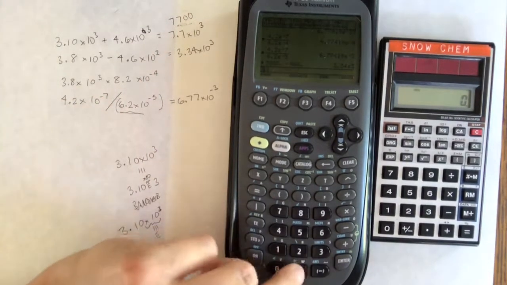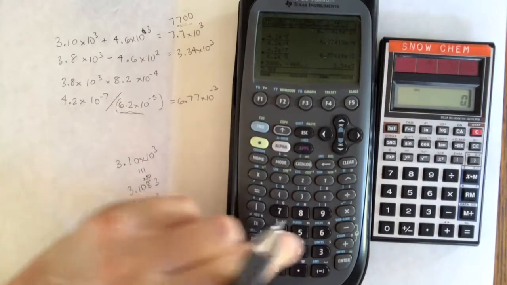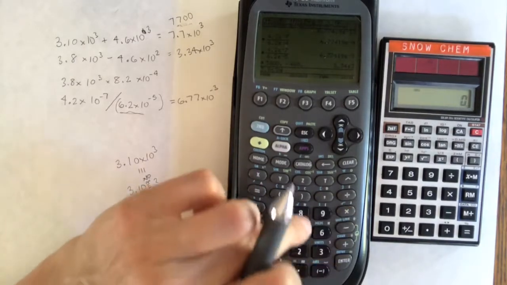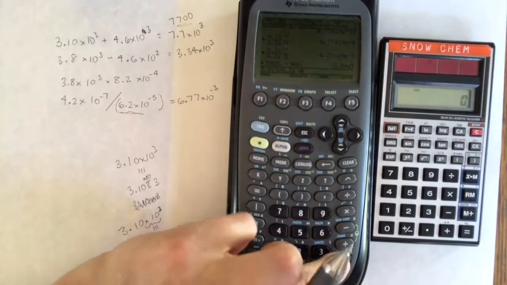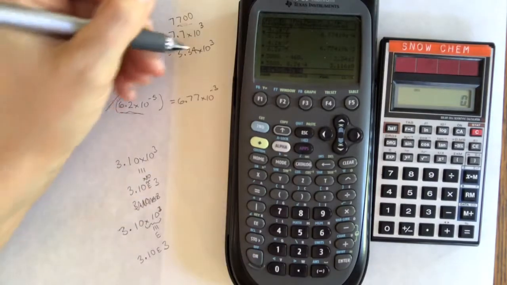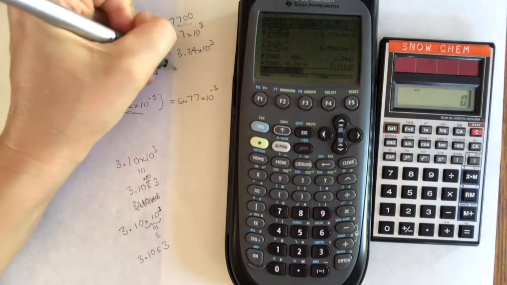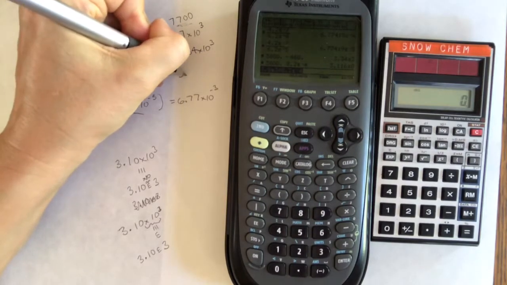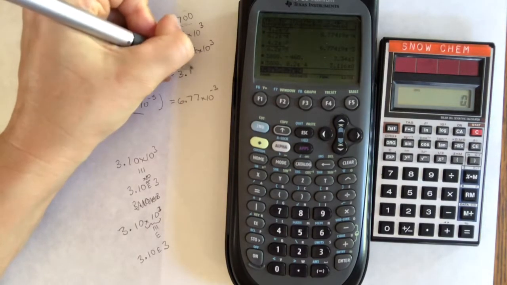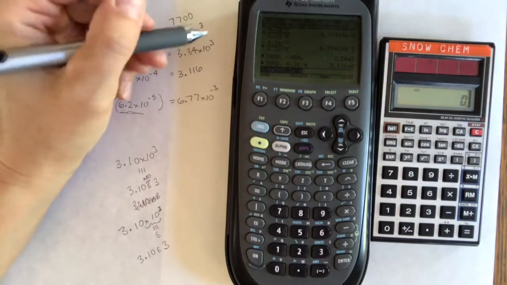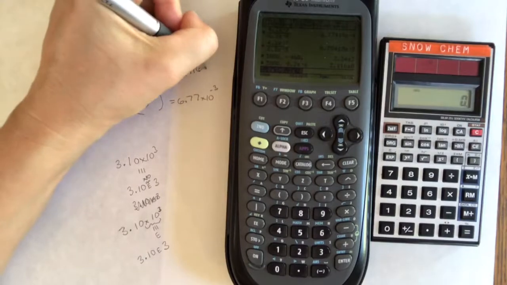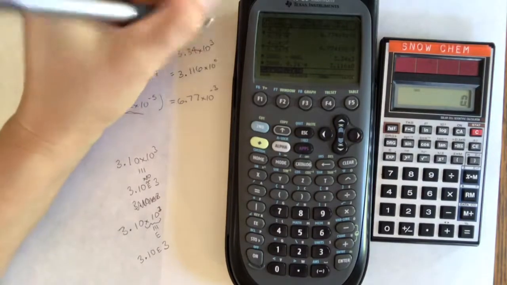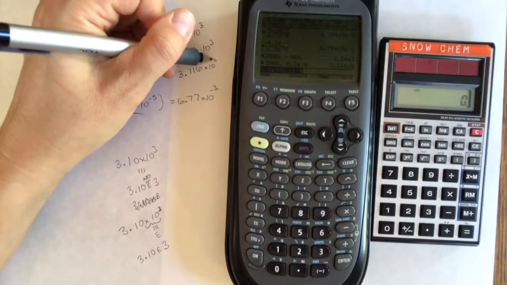So this would be 3.8 E to the third times 8.2 E to the negative fourth. And that is equal to 3.116. And so this has E to the 0, but you could put times 10 to the 0, but usually you wouldn't.